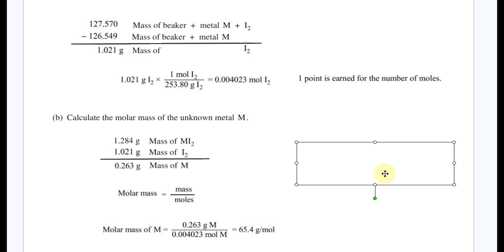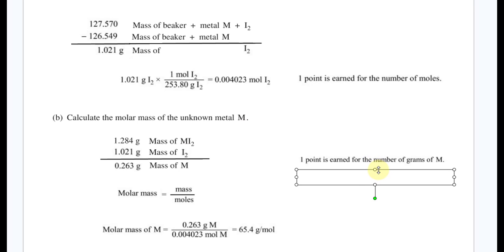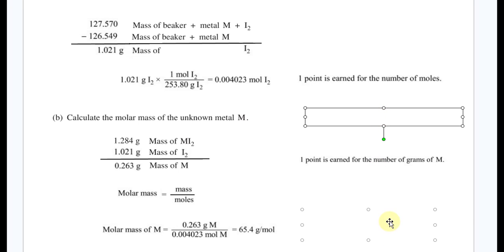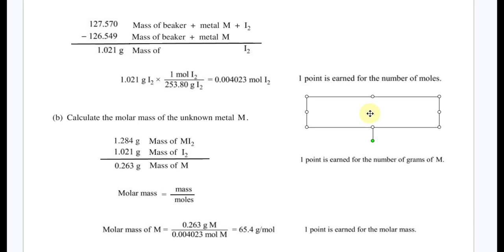65.4 grams per mole. You get 1 point just for the grams of this. That's pretty good. I mean, that's nice being able to do that subtraction. And then we'll get another point, I'm sure, for the molar mass. A total of 3 points out of this 10-point FRQ.